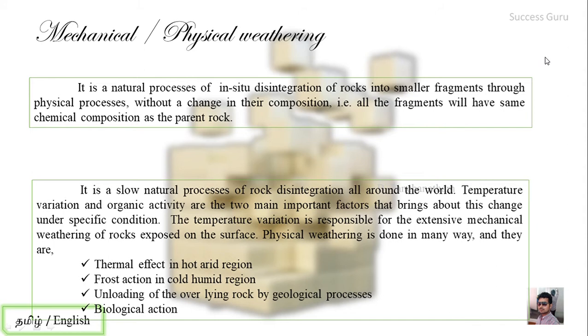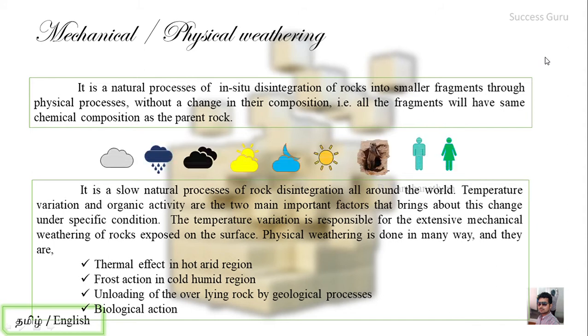Temperature variation and organic activity are the two main important factors that bring about the change under specific conditions. Temperature variation is responsible for the extensive mechanical weathering of rock exposed on the surface.